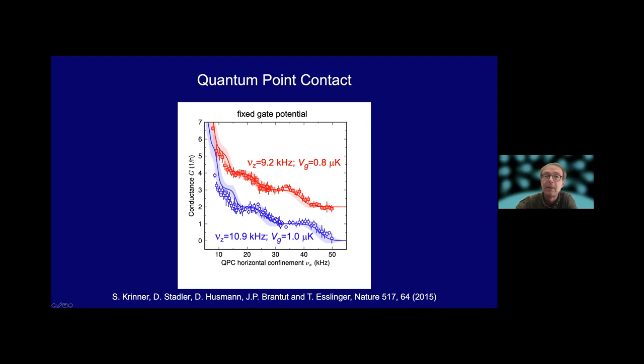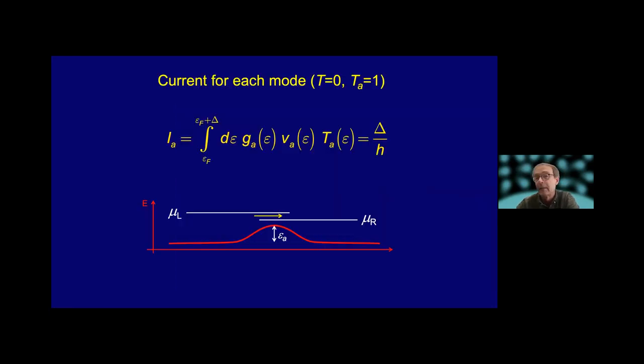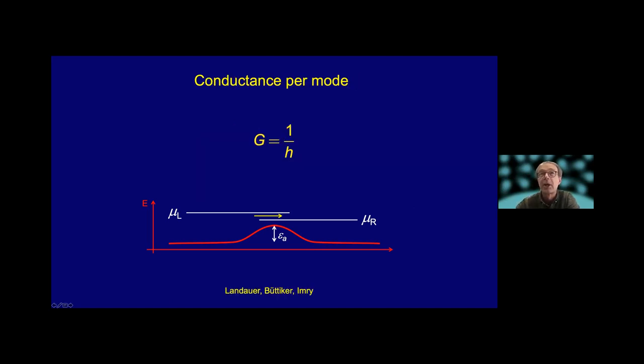And if we open up the channel, more and more conductance channels open up, and the conductance you expect to be 1/h. Well, in a 1D model, you can easily derive that your current should be the chemical potential difference divided by h for a single channel. So your conductance per mode is here, in the non-electronic case, 1/h.